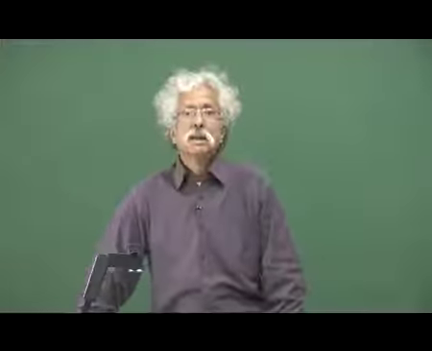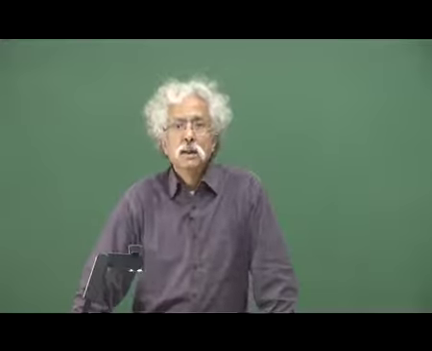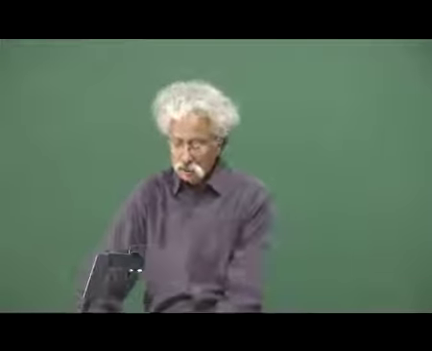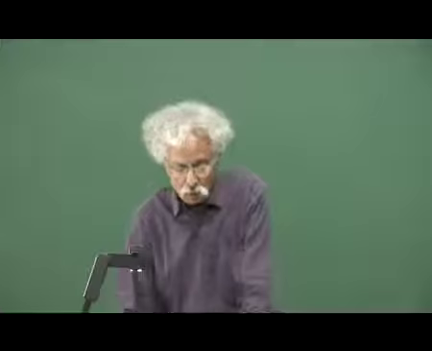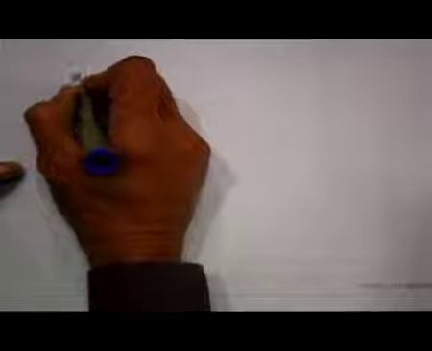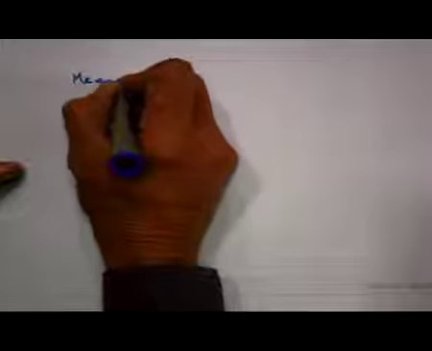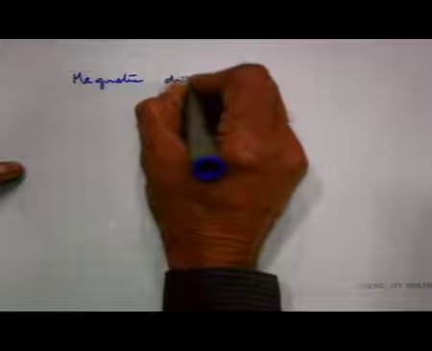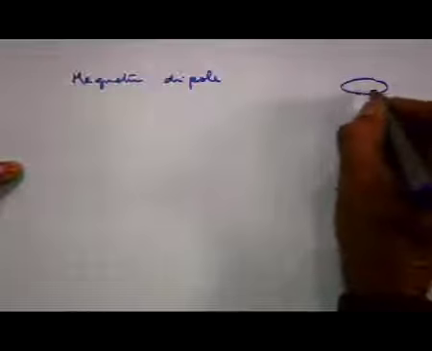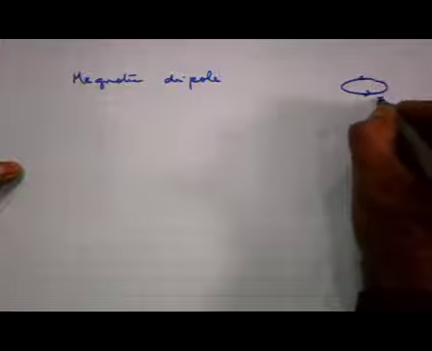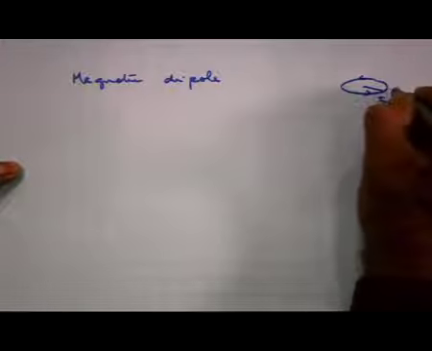We are discussing magnetic dipoles, and let me recall, in the last lecture we had looked at torques and energy of a magnetic dipole. So, we had defined a magnetic dipole by considering a loop of wire carrying a current I and of radius r.